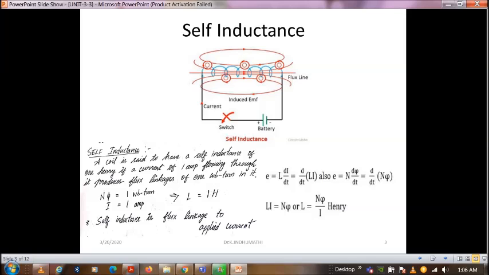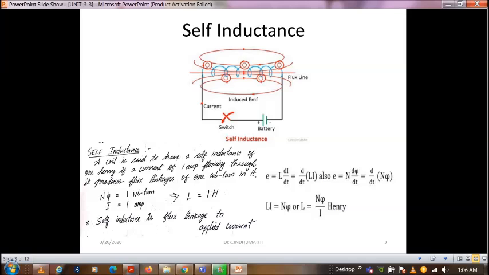So here N phi is equal to 1 Weber turn, and I is equal to 1 ampere, which implies L is equal to 1 Henry, as we have the formula L is equal to N phi by I. So self-inductance is flux linkage to applied current. That's it. No external effect has to be considered here.